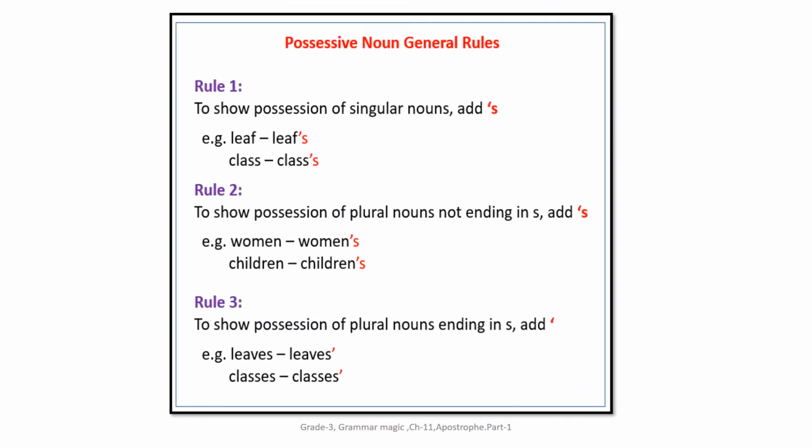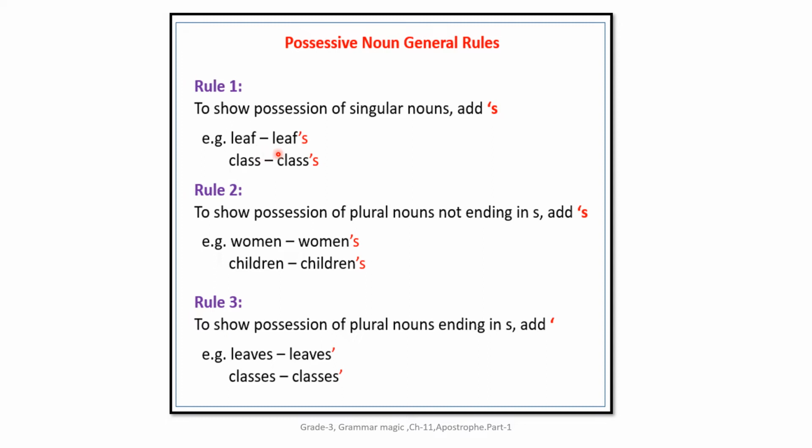So children, here are some rules. Rule number 1, to show possession of singular nouns, add apostrophe s. For example, leaf. Leaf is a singular noun.